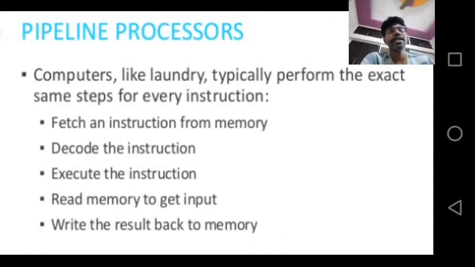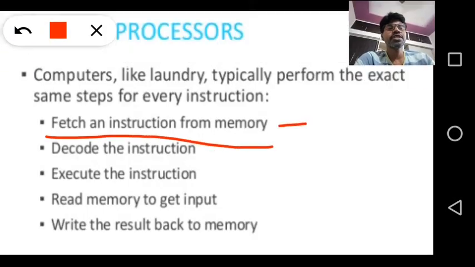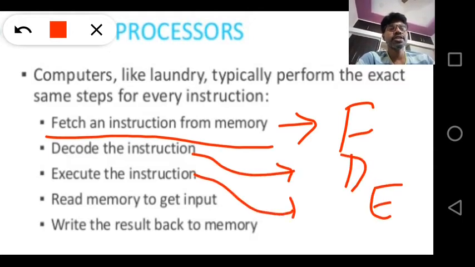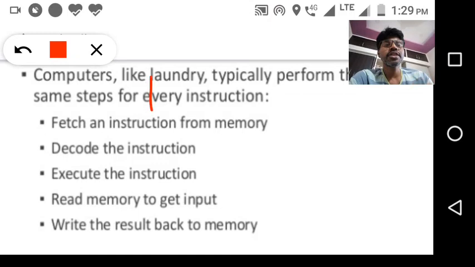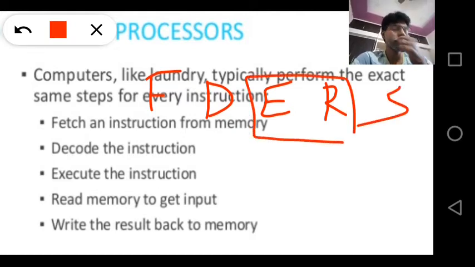That is, I tell you in the beginning that fetching an instruction is one stage, decoding is another stage, execute is another stage, read memory to get input is another stage, and write results. So I can divide this instruction cycle into fetch, decode, execute. While executing, you may read this together. We call it one group, and store.